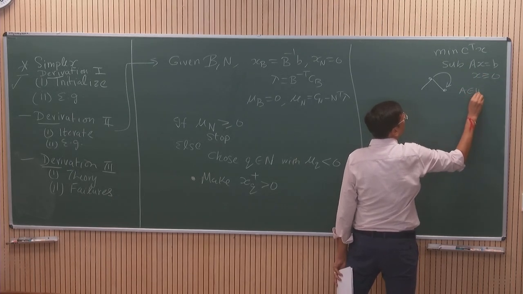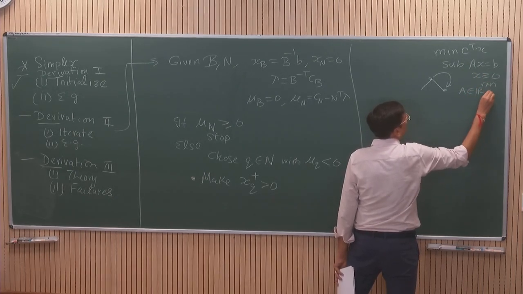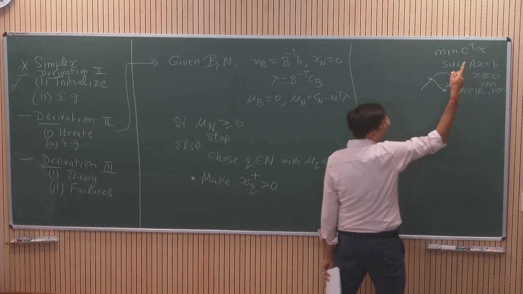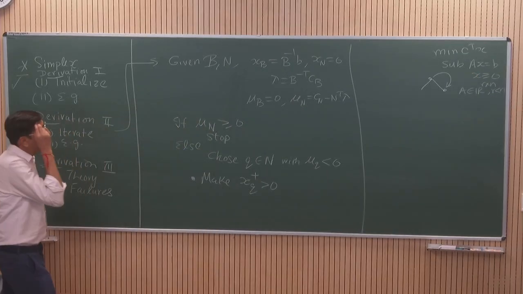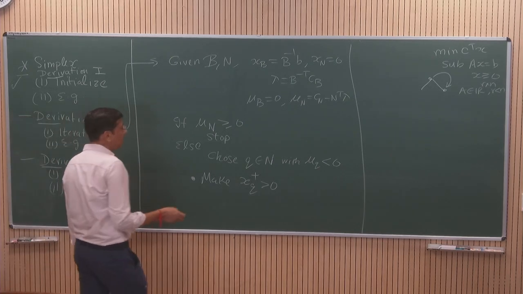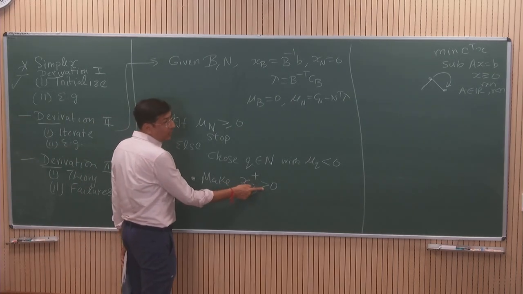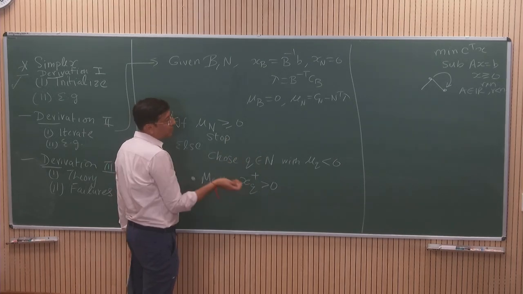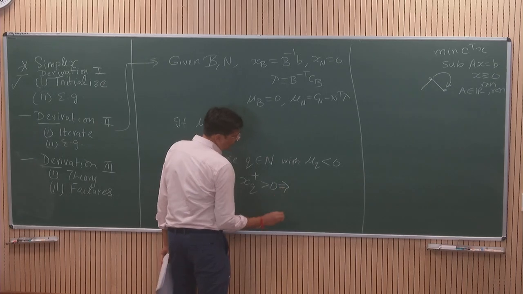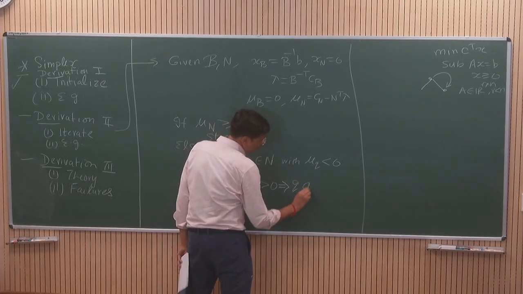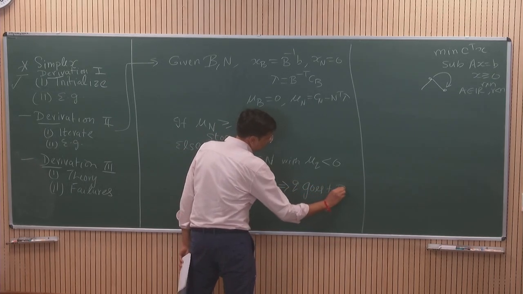A is R cross n and R is less than n. x is n dimensional, b is R dimensional, and so on. So make x q plus greater than 0. We can't make it less than 0, because then we would break the feasibility condition of the basic feasible point. So this would imply, like I said, q goes to B.